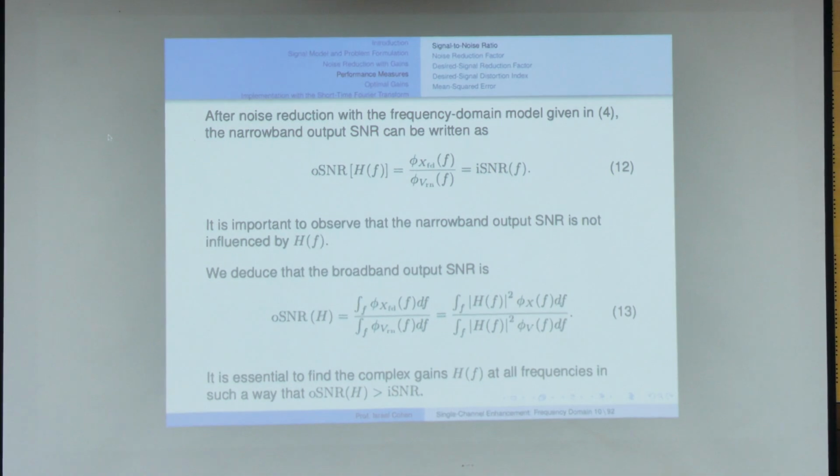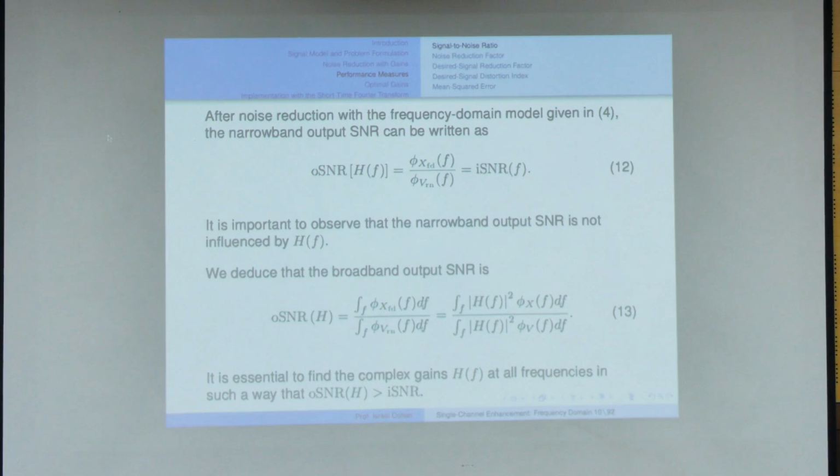If I give you an example, suppose that I have a desired signal, and the signal to noise ratio in each frequency is different, okay? So when I multiply each frequency by a certain number, a complex number or even a real number, I cannot change the SNR in that frequency.